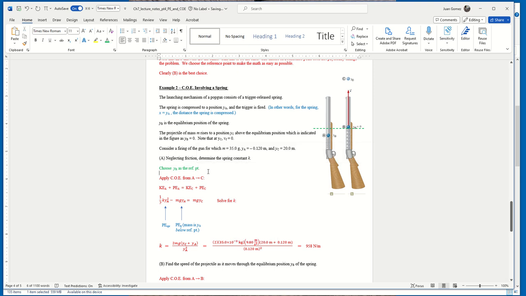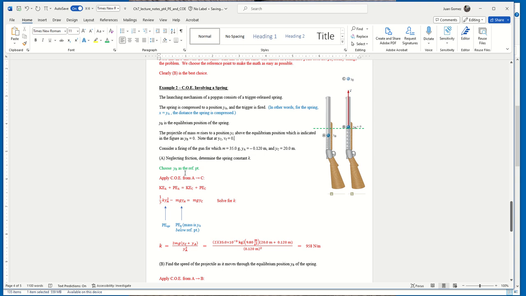Remember, the reference point only deals with gravitational potential energy. So we know that at YB the energy stored in the spring is 0, because YB is the equilibrium position of the spring. It is neither stretched nor compressed, meaning the PE spring is 0. Now I'm just setting the gravitational PE to be 0 there also.